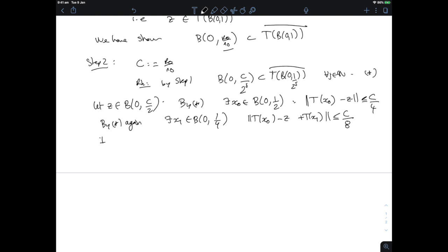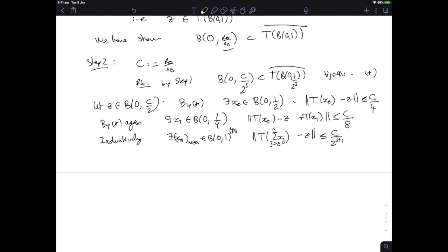And then inductively, you keep on repeating that process, there exists a sequence xn of points that are all in the ball of radius 1, such that what happens? Such that the norm of T of the sum j equals 0 to n of the xj minus z is smaller than c to the 2j plus 1.